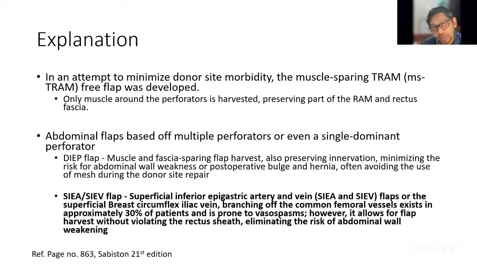You don't have to go into the intramuscular plane to dissect the perforators out. Here it is all in the superficial plane, so the risk of abdominal wall weakening and hernia is lesser. But the disadvantage of using a superficial inferior epigastric flap is that they are very delicate vessels. So sometimes they are prone to damage or to vasospasm during dissection. So this may be an issue while harvesting these flaps.